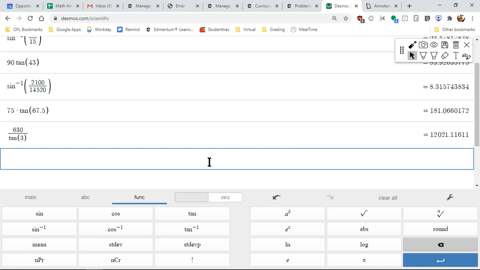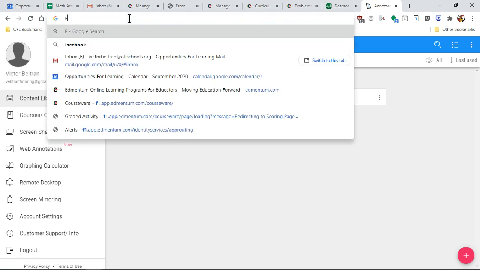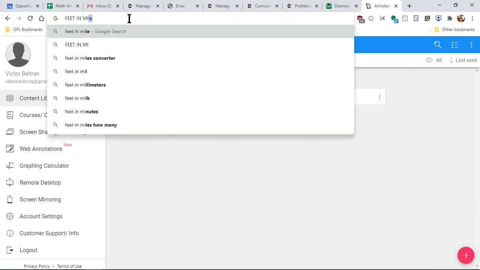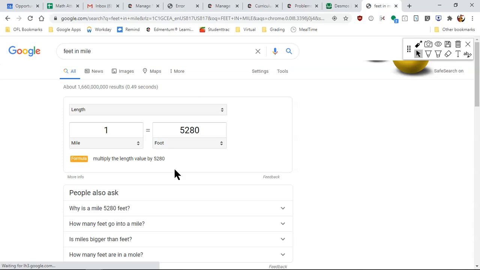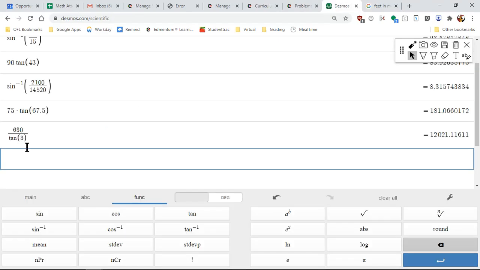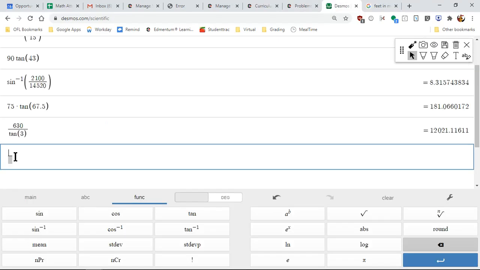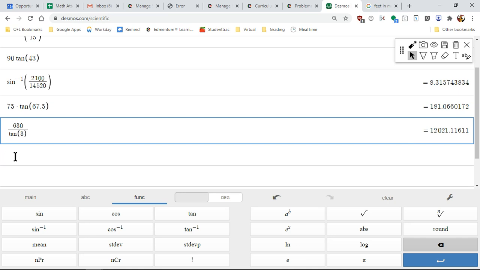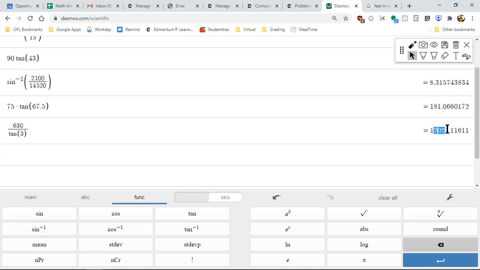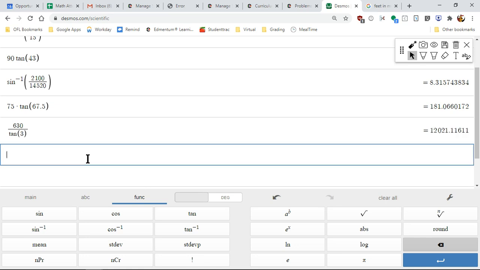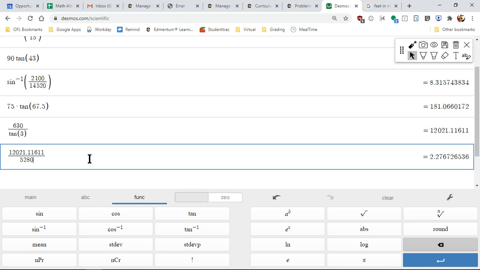Well, if you guys want to do it in miles, which I believe is 5,280 feet in a mile, we take our answer, copy this, and divide that by 5,280.